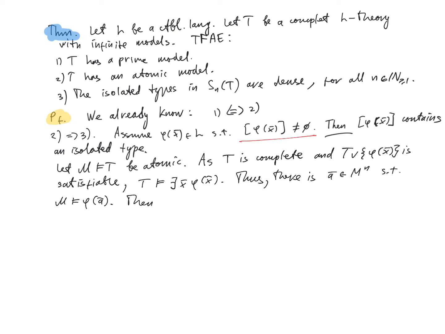but then the complete type of a bar is an element of the corresponding open set square brackets phi, and as M is atomic, we have that the type of a bar is isolated.